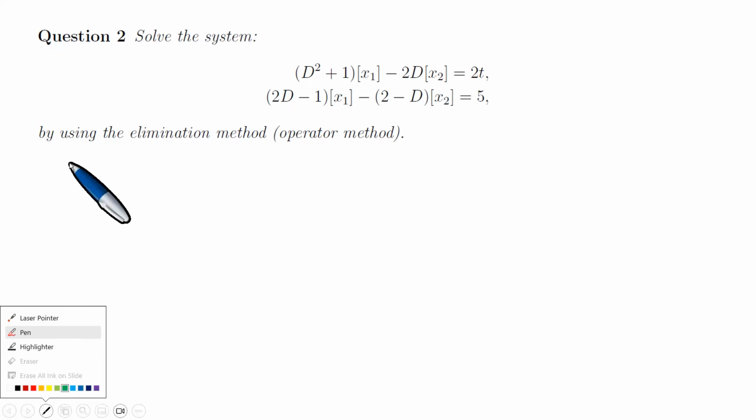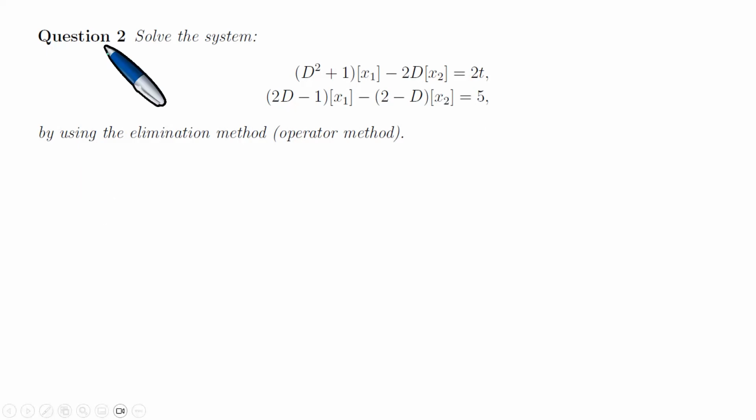Right, so with that said, what do we do? Okay, we are here. And we're going to call this one equation 1. And we're going to call this one equation 2. And then we're going to say we want to eliminate x2.